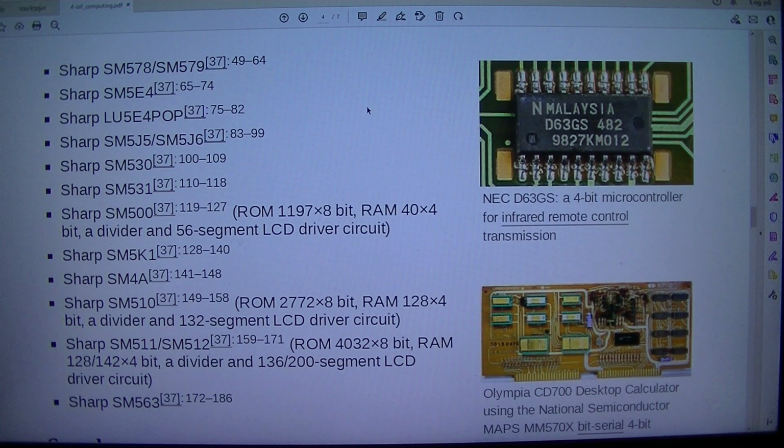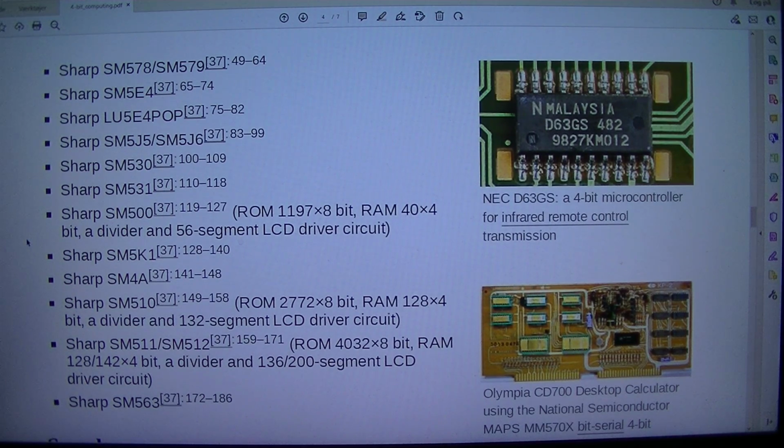Sharp SM5J5/SM5J6, 37, 83, 99. Sharp SM530, 37, 100, 109. Sharp SM531, 37, 110, 118. Sharp SM500, 37, 119, 127.